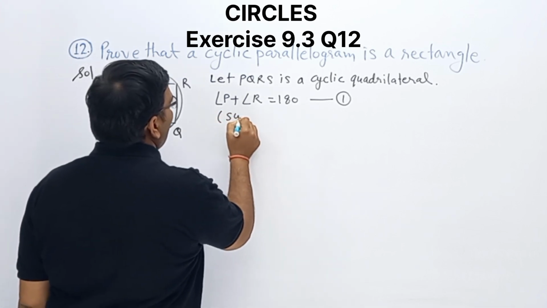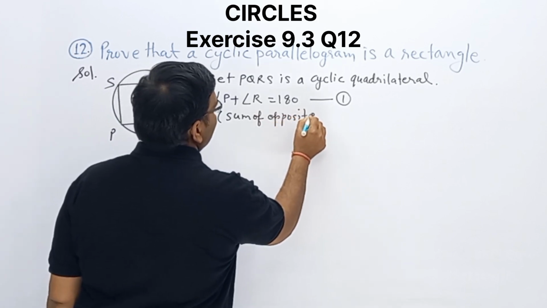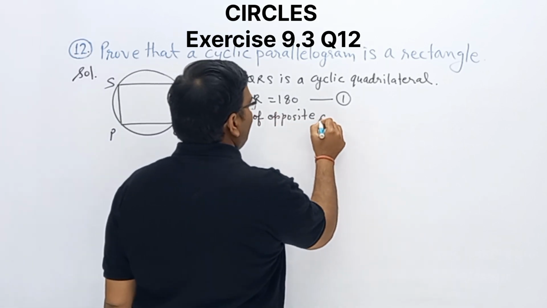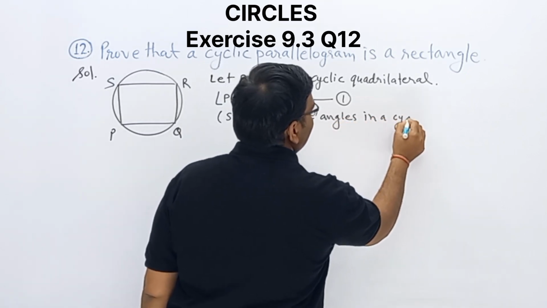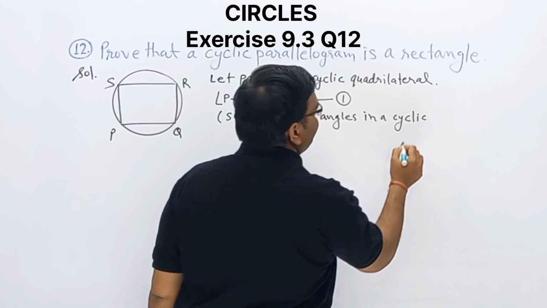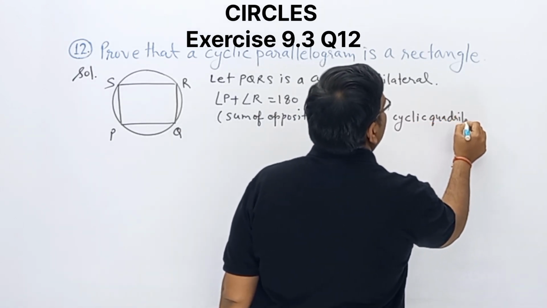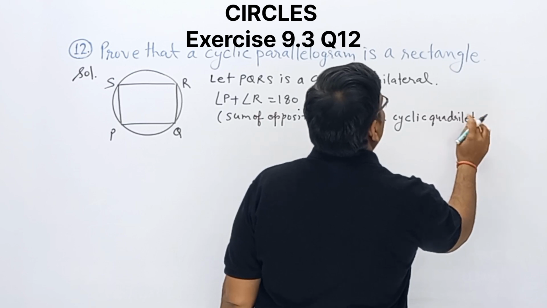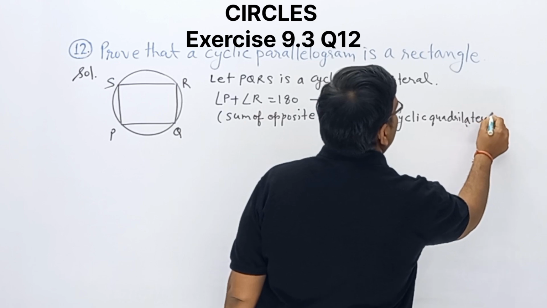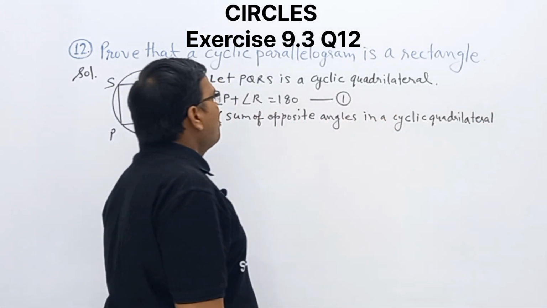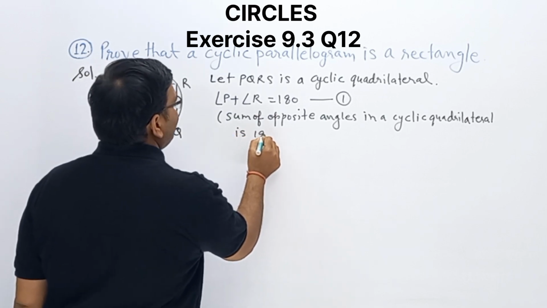The sum of opposite angles in a cyclic quadrilateral is 180 degrees.